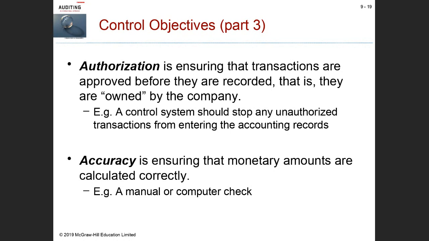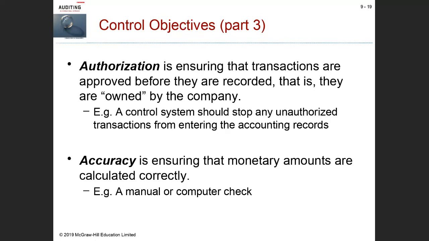So the control system should stop unauthorized transactions from entering the accounting records. So for example, a journal entry will not be recorded in the accounting records unless it's been authorized by someone's signature or approval. That would be an internal control over authorization of data being entered into the accounting system.